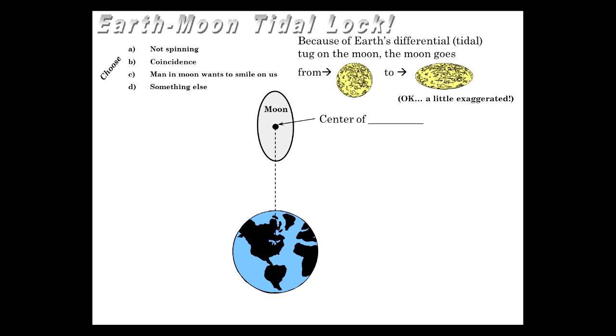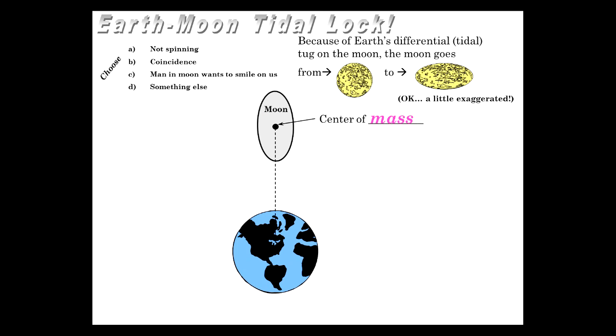And this is the center of mass of the moon. However, mathematically, this is not where the Earth tugs on the moon, because the Earth's gravitational field follows an inverse square law. So there's a gradient of G field across the moon that's stronger toward the side closest to Earth than the side further away from the Earth.